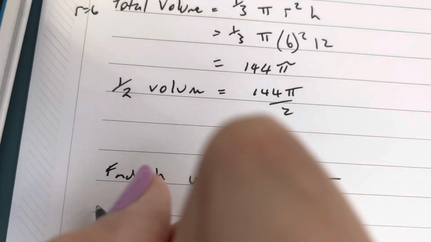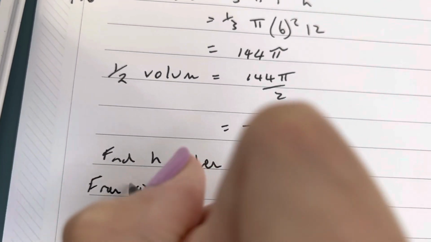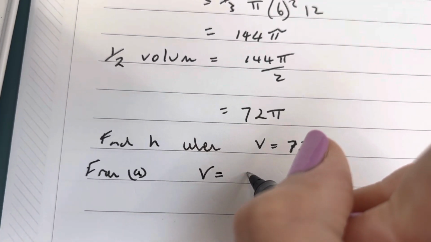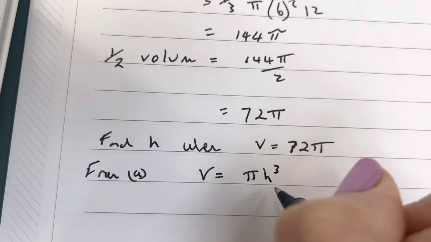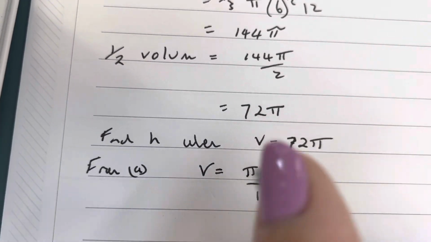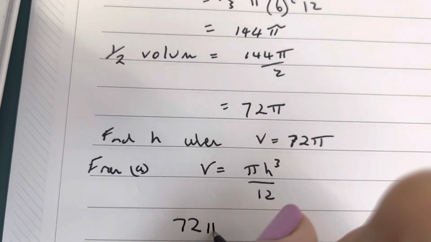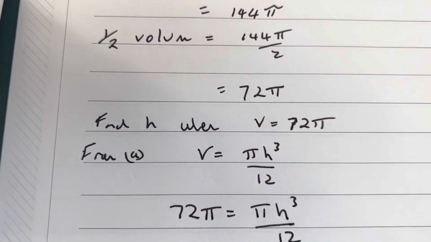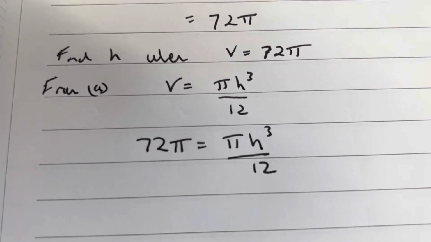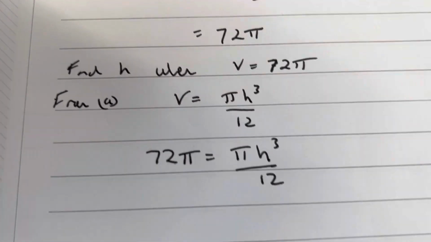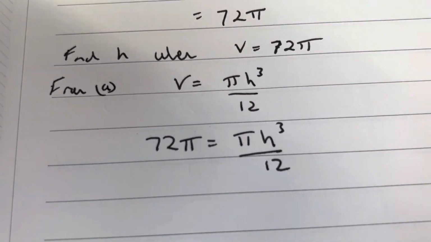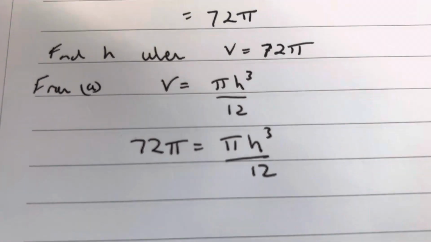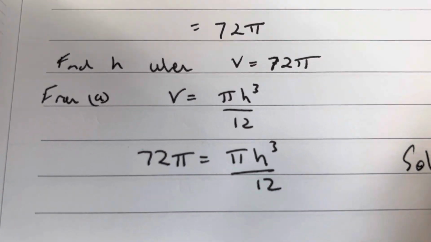Going back to A, so from part A, V equals pi h cubed on 12. So 72 pi equals pi h cubed on 12. Now for those of you who could see it, you might just go, okay, I can simplify that really easily and work out what h is, or you could go solve.